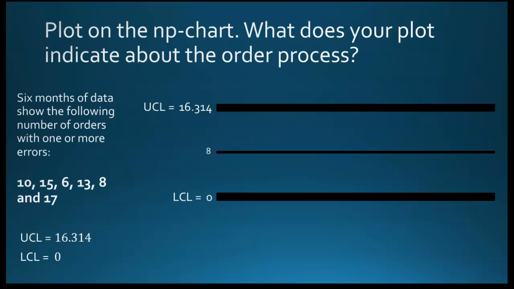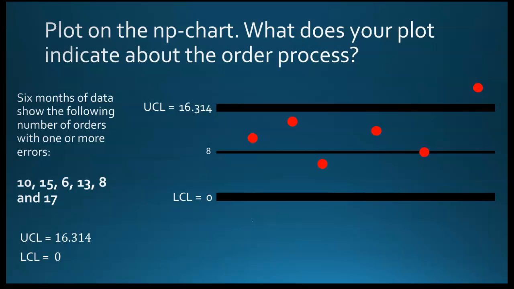Now we need to plot on our NP chart. So our 6 months of data show the following number of orders with one or more errors. We had 10, 15, 6, 13, 8, and 17. We're going to plot that over on our NP chart. So you'll notice the first 5 pieces of data are within our limits.